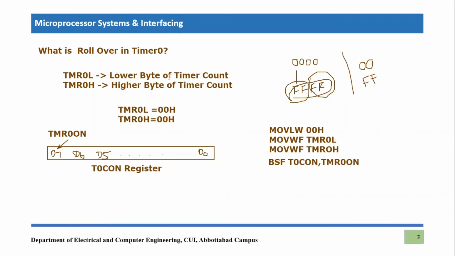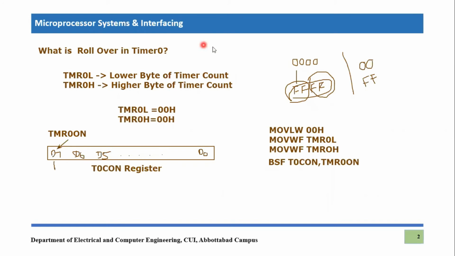So what is going to happen after the execution of this instruction? This T7 would become equal to 1 in the timer 0 control register, and the timer will start counting. As I explained earlier, it will start counting from 00 hex, since both of these registers are 00, and it will eventually rise in value 01, 02, 03, and eventually arrive at this point.